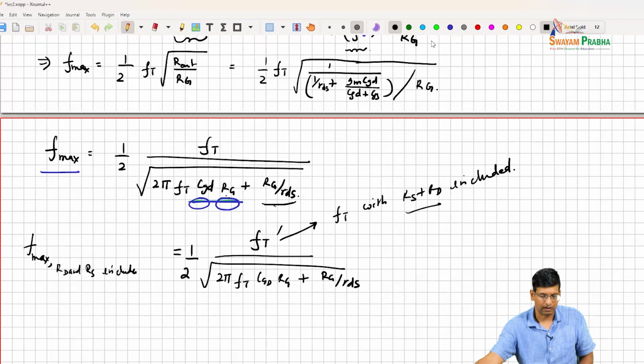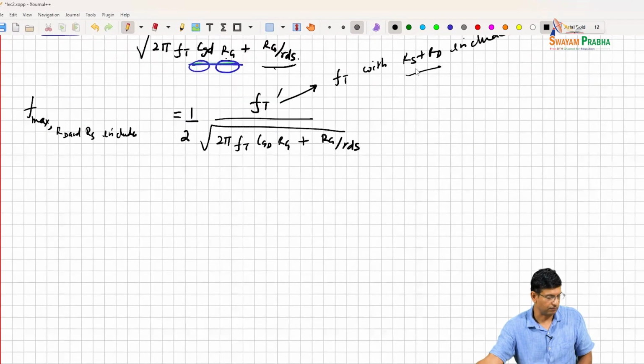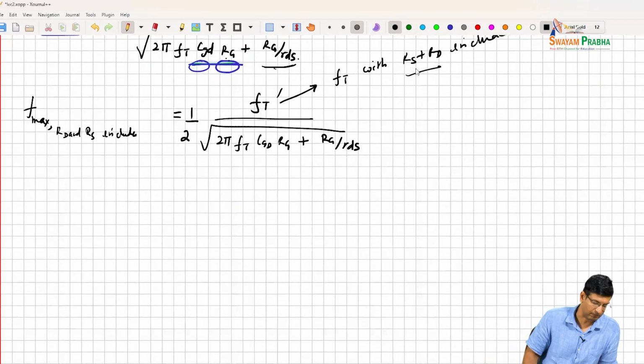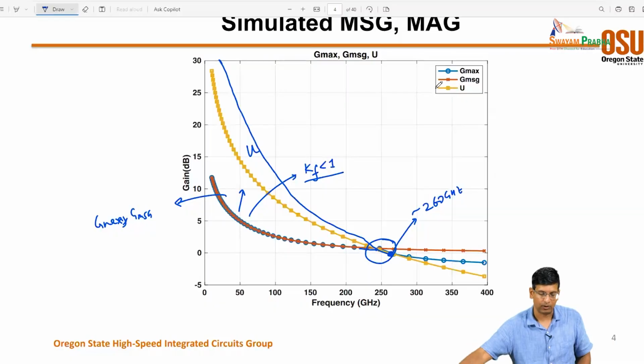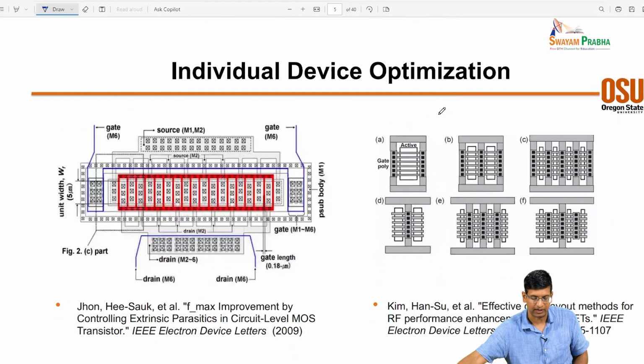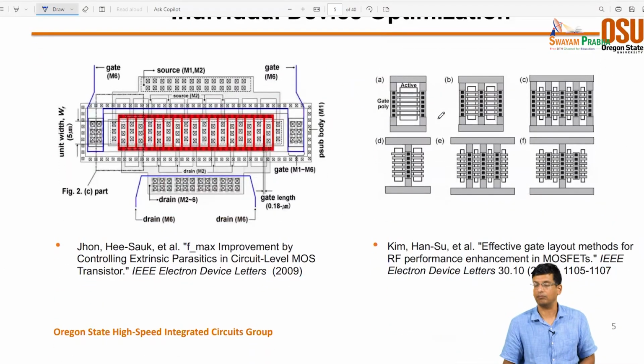So then from a device perspective, we would like to optimize the layout as much as possible, right? So the first observation that we have is that RG is a function of the number of fingers that we use in the device, right? And the finger width.